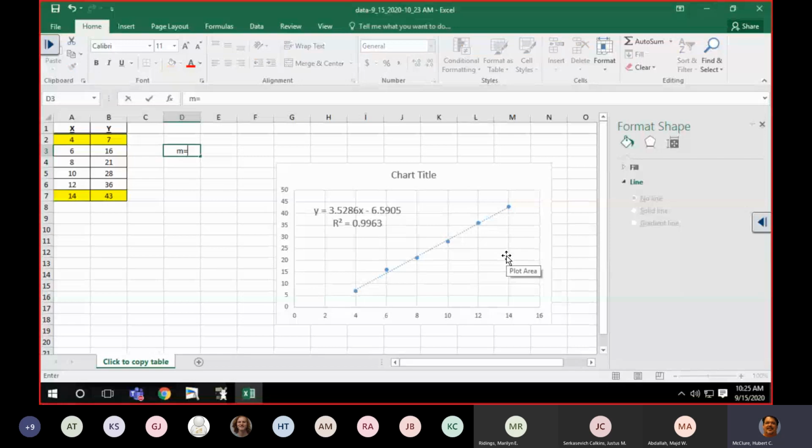So M is equal to y sub 2 minus y sub 1 over x sub 2 minus x sub 1.